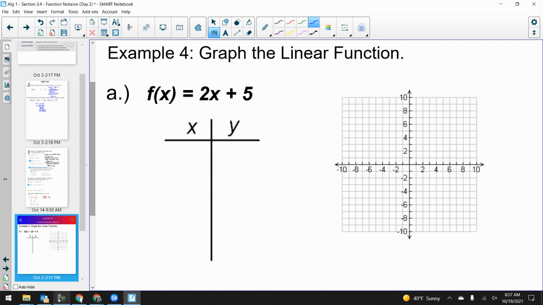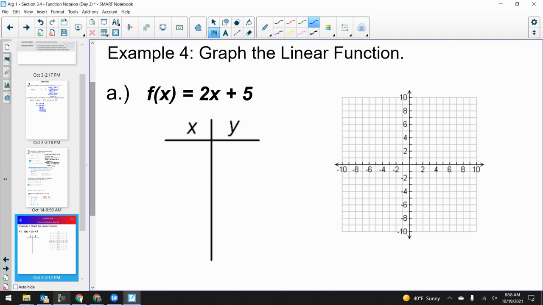Okay, now, whenever I give you a table of values, let me ask you this. Are there any limitations on my domain? Are there any limitations on what I can plug in? Like, am I given a word problem where I only can plug in whole number values?